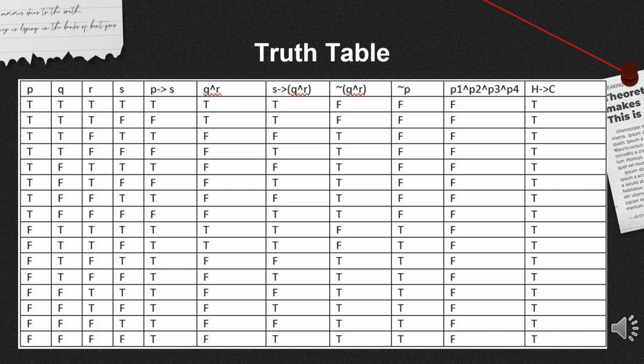The next column is S implies, in brackets, Q and R: true, true, false, true, false, true, false, true, true, true, false, true, false, true, false, and true.